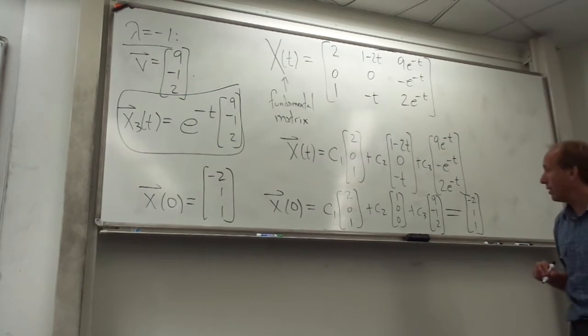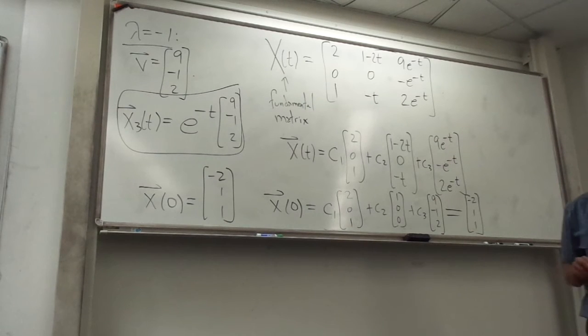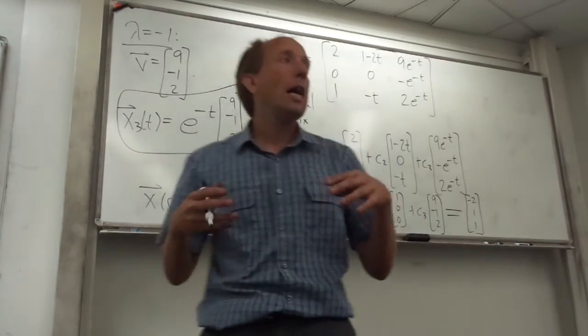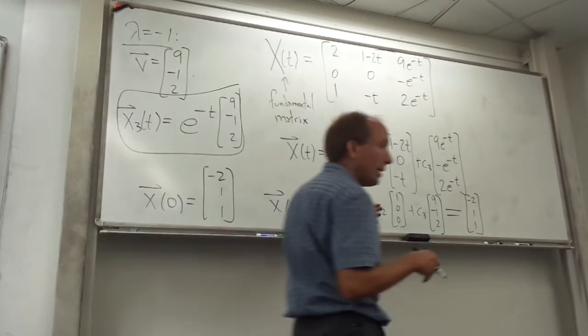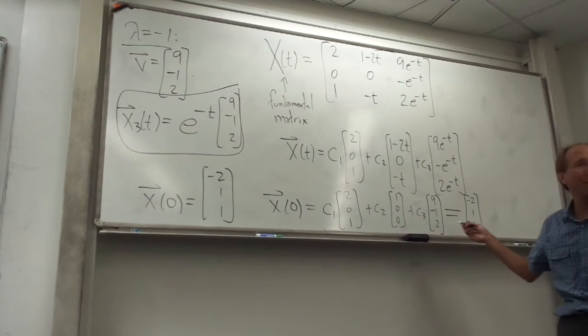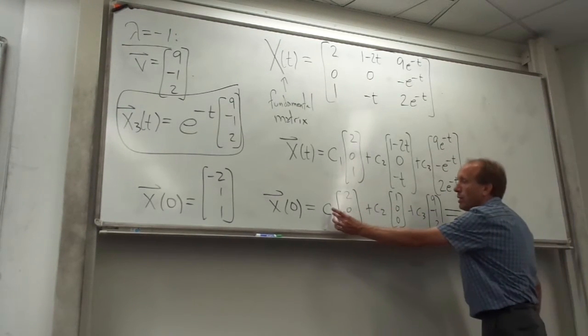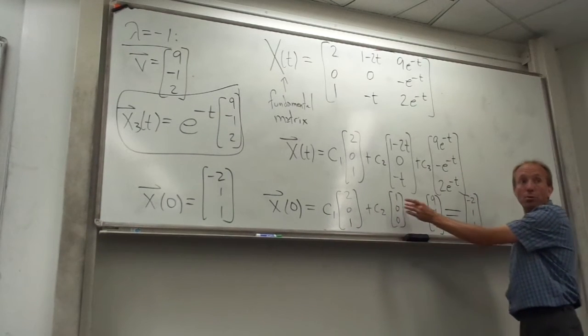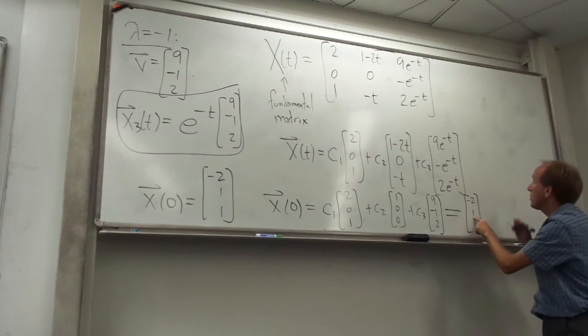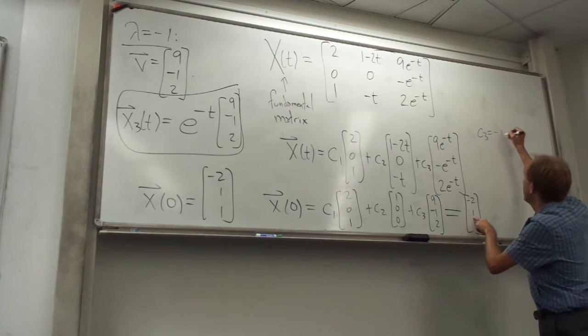This is actually giving you 3 equations and 3 unknowns, which you could set up as a system and then work on solving it. I'm going to do it quickly here because it's actually not too bad. If you read across the middle row, there's no C1s, there's no C2s. Negative C3 is equal to 1. So C3 is negative 1, right?